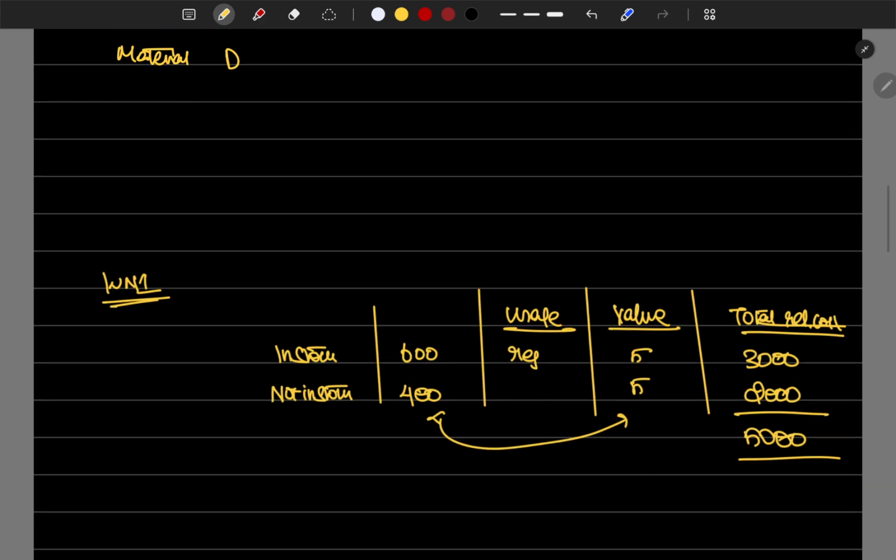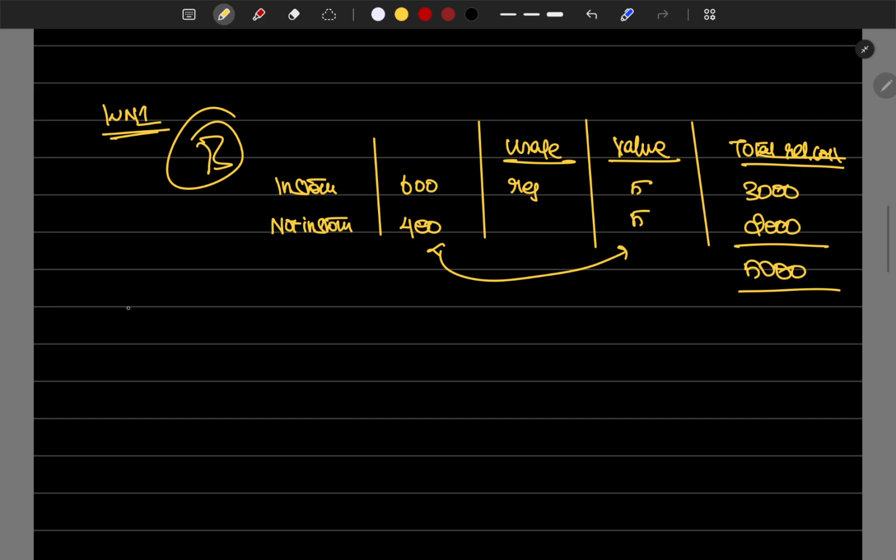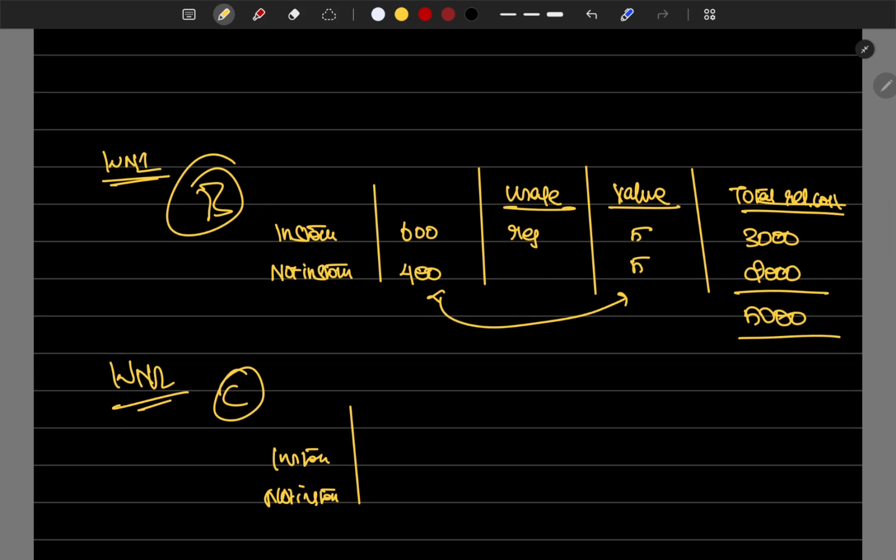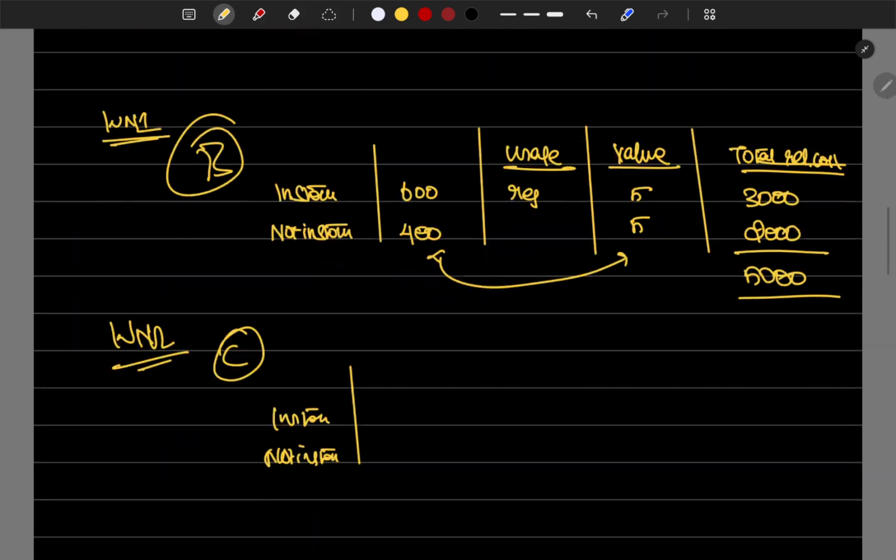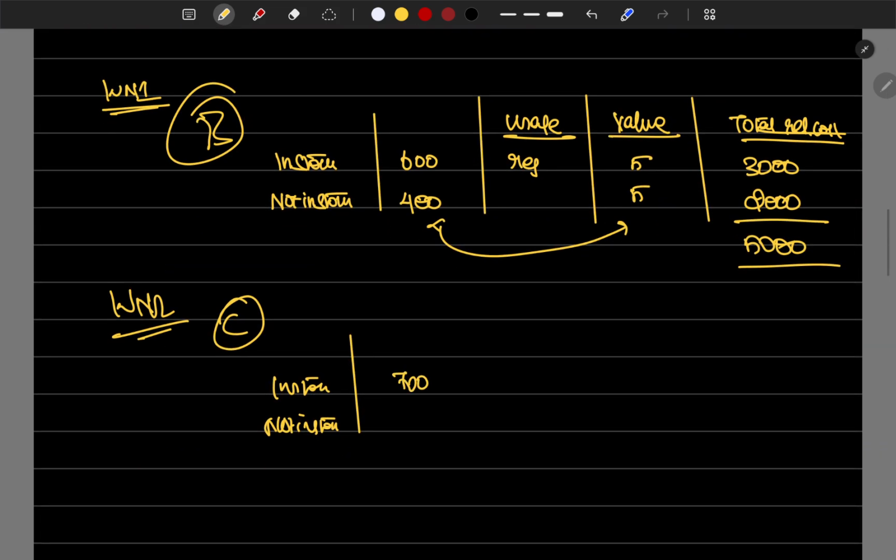Working note 2, material C, in stock, not in stock. How many units do we have? 700 units. 300 units we don't have. We need to check usage and value.